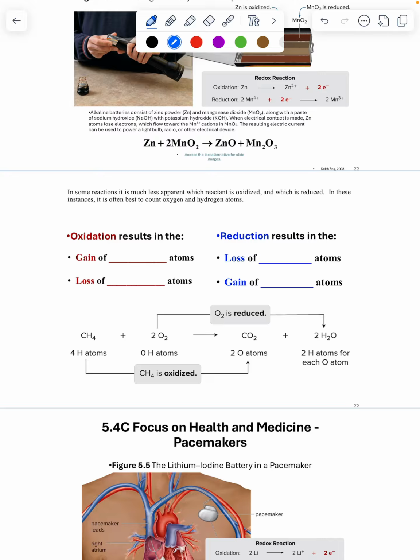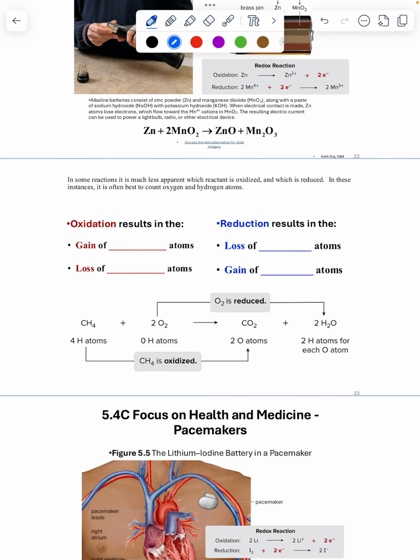So oxidation results in the gain of oxygen atoms and the loss of hydrogen atoms. And then reduction would be the opposite, loss of oxygen atoms and the gain of hydrogen atoms.